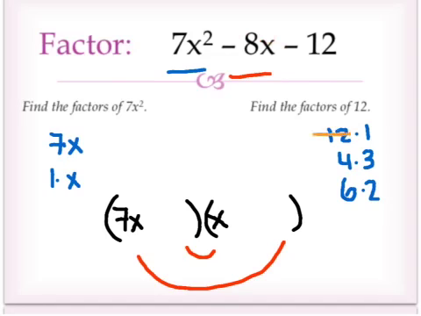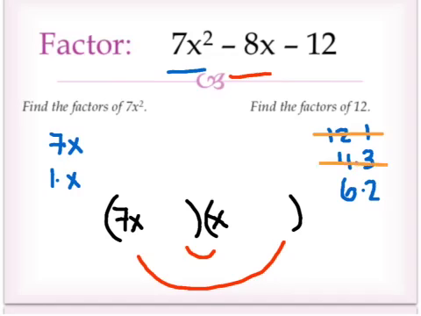Alright? So that's out. What about 4 and 3? Well, if I put the 4 here, that's going to give me 28. Alright, that's too big. Alright, so what if I put the 3 here? Well, that's going to give me 21. Again, that's too big. Okay, so that guy's out. What about 6 and 2?